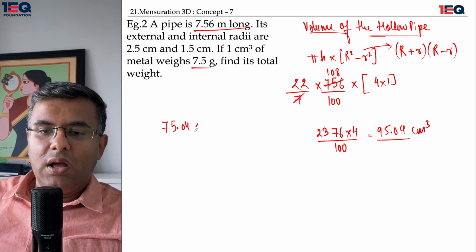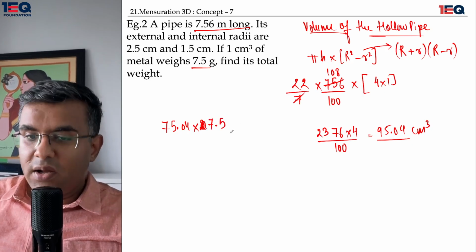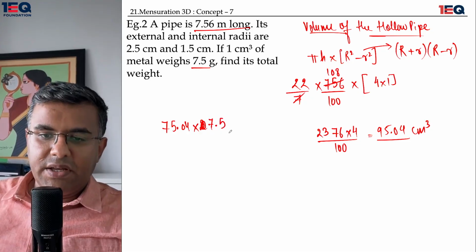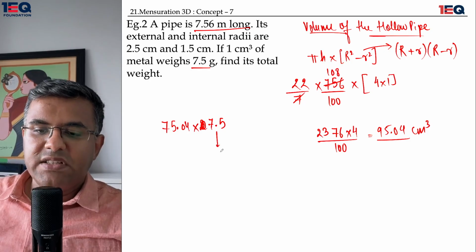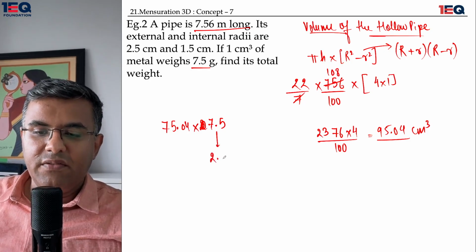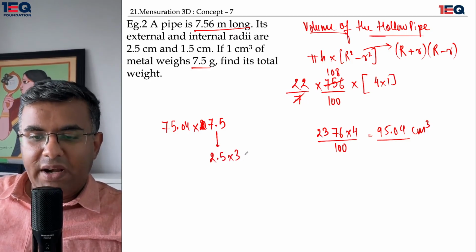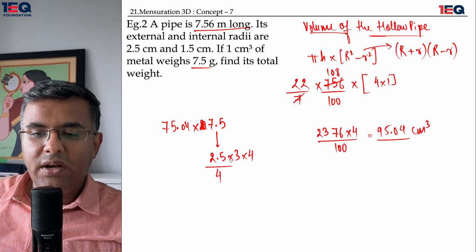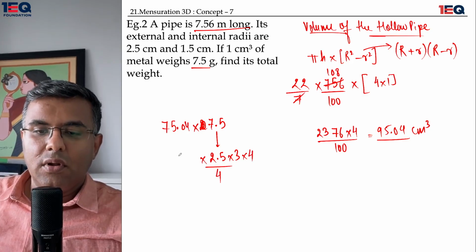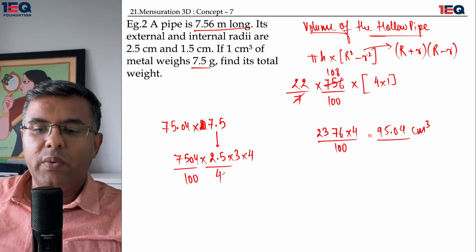This 95.04 has to be multiplied by 7.5 grams. For this multiplication, and for the ease of taking things forward more quickly, I will split 7.5 into 2.5 into 3, and for better convenience I'll multiply it by 4 and divide it by 4 so as to create a 10 out of it. 7504 whole upon 100.